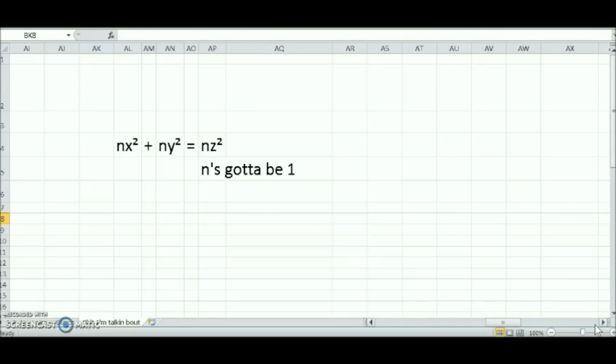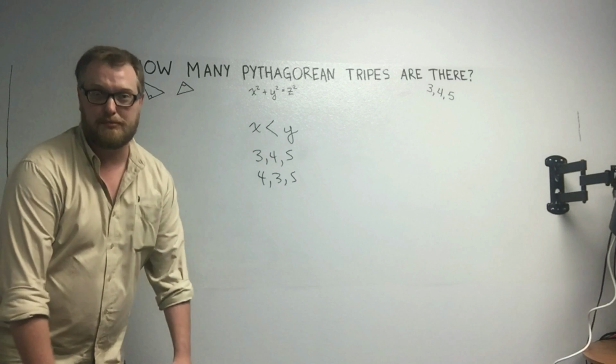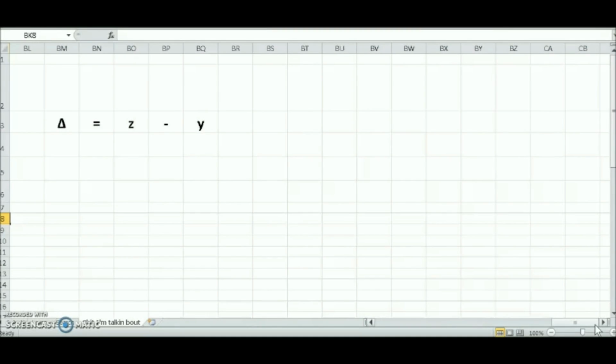Extra little bit for my own satisfaction: y has to be greater than x. That's all I'm saying, because trying to say that 3, 4, 5 is a primitive Pythagorean triple, and then trying to say that another primitive Pythagorean triple is 4, 3, 5, is silly.